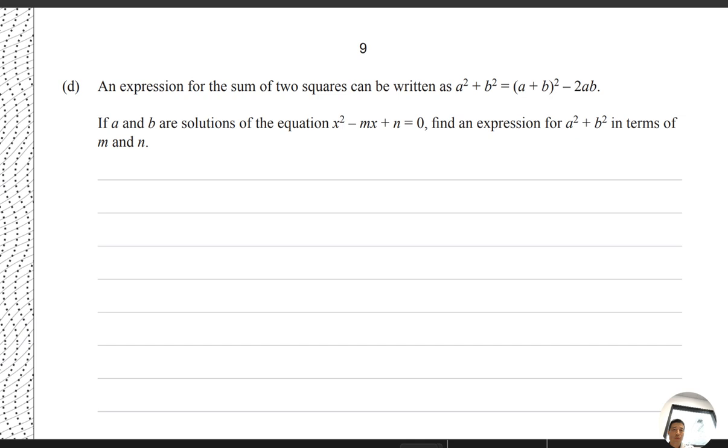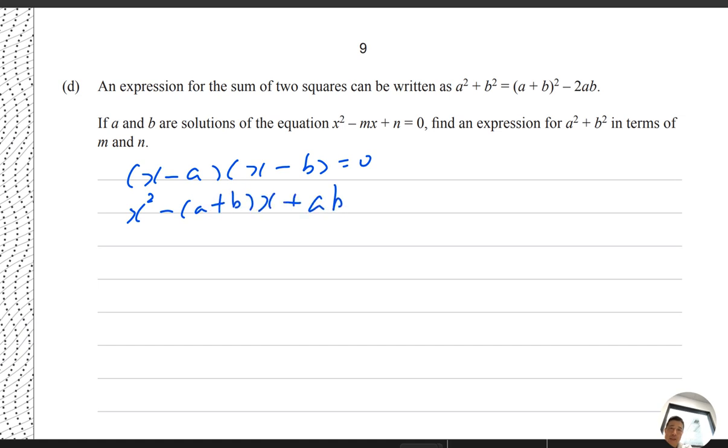All right. So because a and b are solutions, like question C, I can write x minus a times x minus b equals 0, right? That's the equation we are looking for. And when I expand, I have x squared minus (a plus b)x plus ab, isn't it?